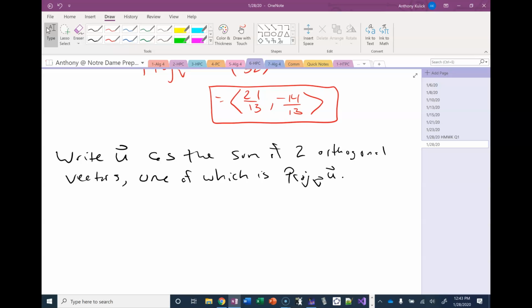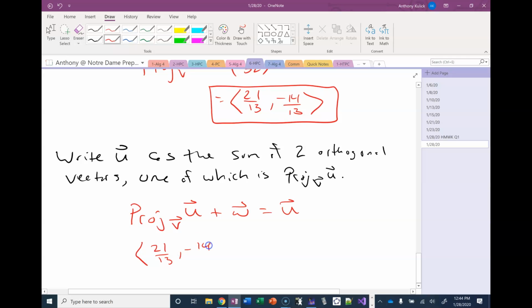Sure. So to do this, I'm going to use this formula that we wrote down earlier. Now we know the projection vector. We just found that in the previous step.